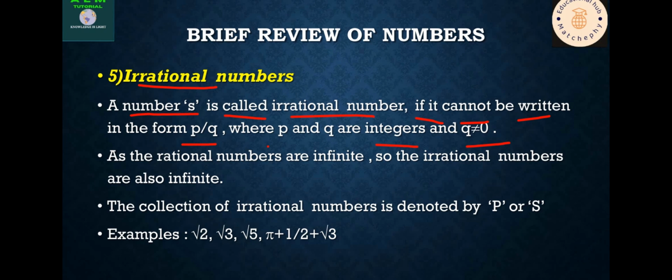As the rational numbers are infinite, the irrational numbers are also infinite. The collection of all irrational numbers is denoted by capital P or S. For example, root over 2, root over 3, root over 5, pi plus 1 by 2 plus root over 3, all these are examples of irrational numbers.